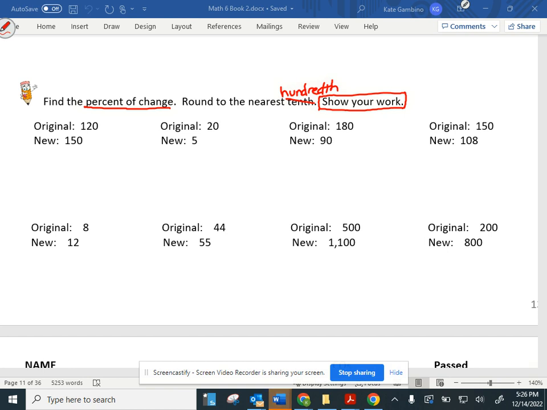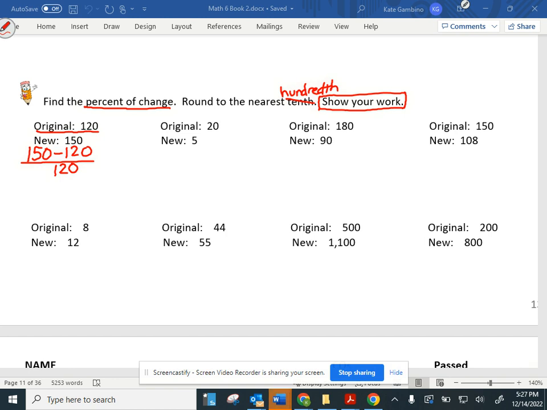So if we look at how we're going to set this up, I'm going to say my original price was $120. The new price is $150. So I'm going to take the bigger number, subtract the smaller number, and then I'm dividing it by the original. So always make sure you're dividing by that original price or the original number.